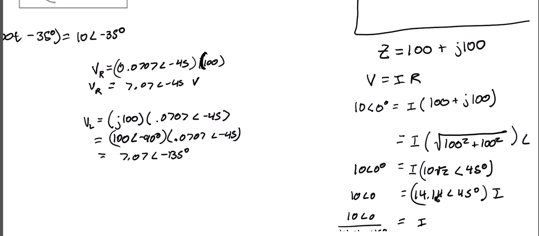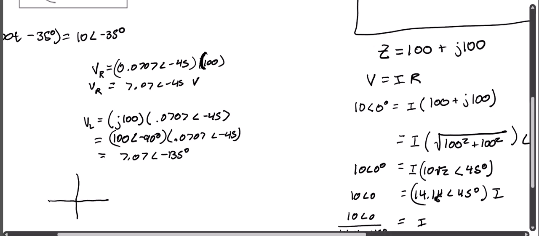That's because in phasors, this is the real axis and this is the imaginary axis. If you have something that is strictly j, it's on the imaginary axis and has an angle of 90 degrees. If it was negative j, it would go down and have an angle of negative 90 degrees.